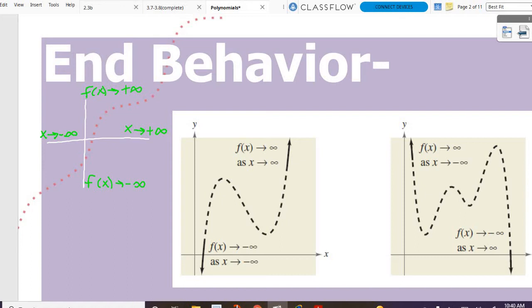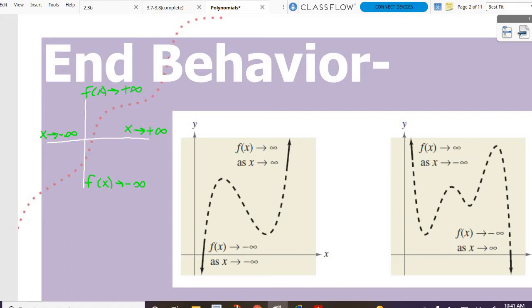Now, what type of graph equation would give us 2 sides that point in opposite directions? So a cubed. Anything else? Would a squared? No. Would a fourth? No. Would a fifth?